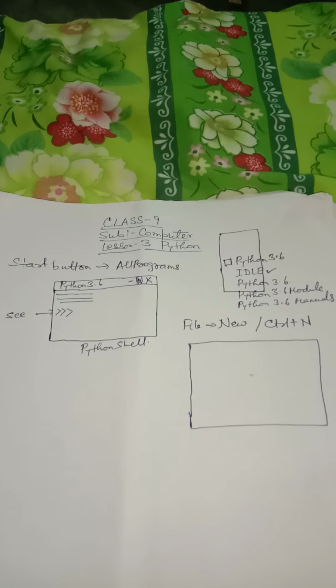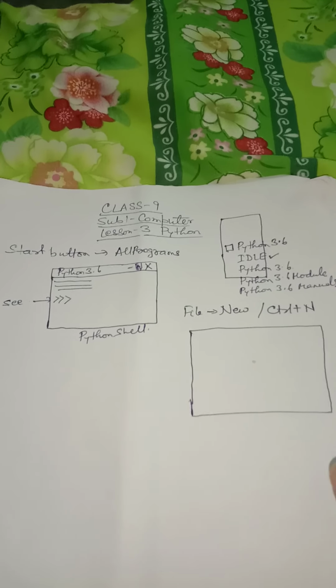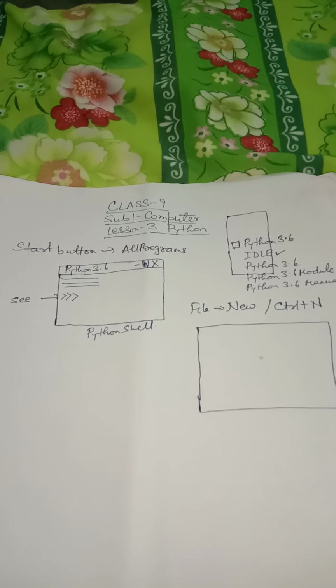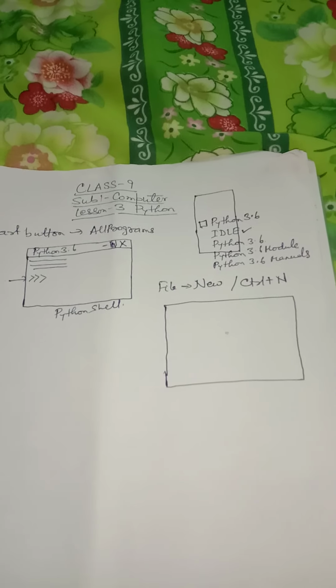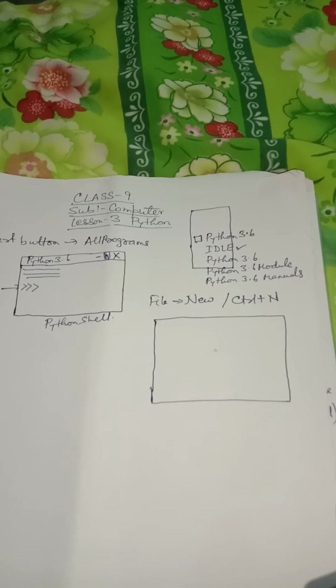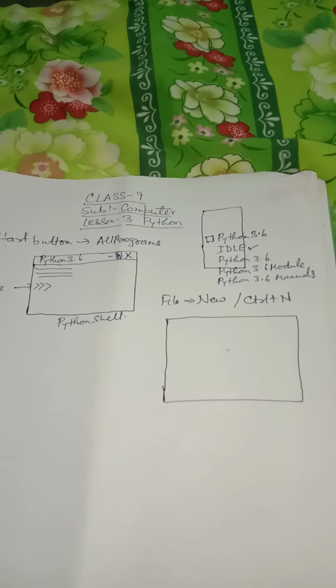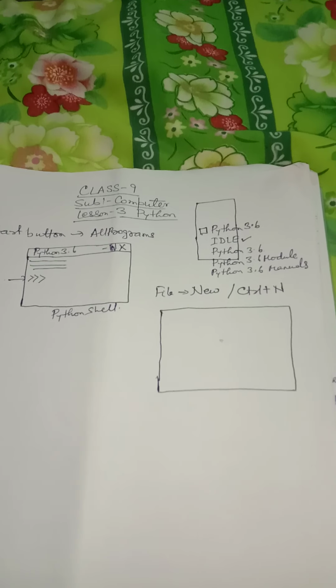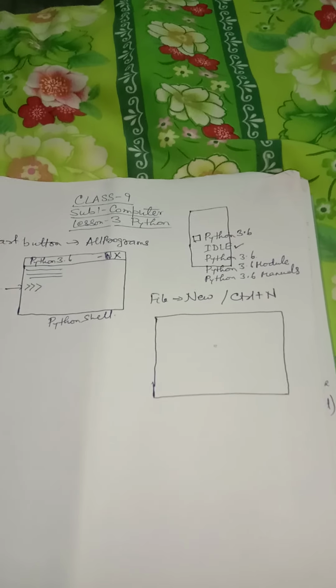Now suppose I want to create a simple program in which I just want to write a simple message. Whenever we want anything to be printed on the screen, we generally use the print command. Print is a keyword.